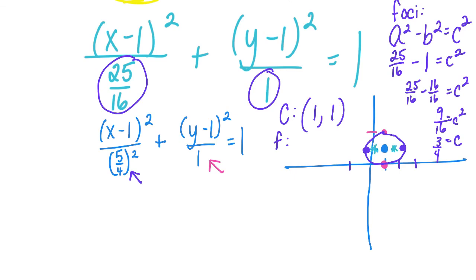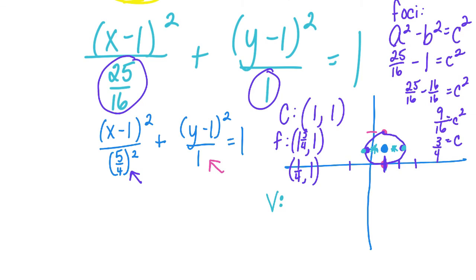So let's name those points. I know if I go 3/4 to the right, that's 1 3/4. And 1, that's one of the points of the foci. And if I go to the left, 3/4, that's just at 1/4. All right, yes, I could call that 7 over 4 as well. The vertices are these points right here on the major axis.